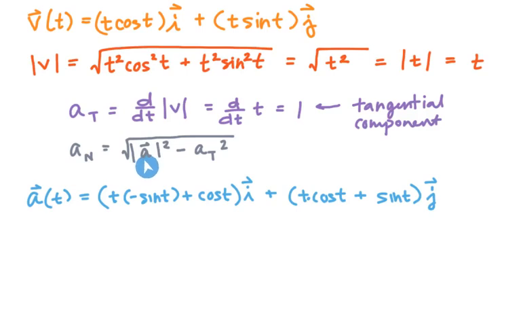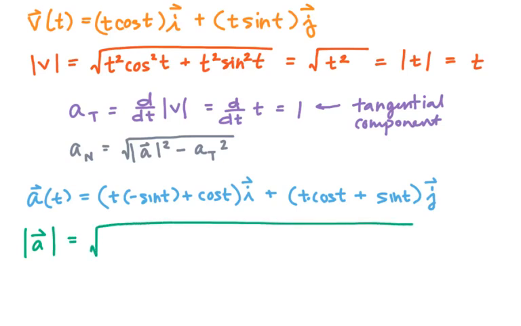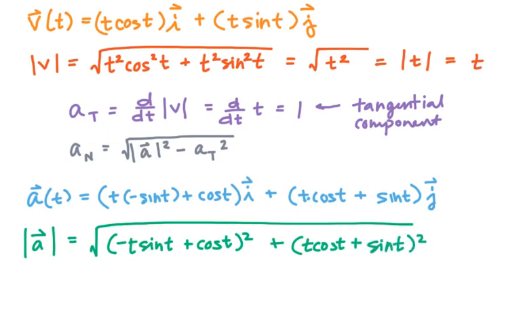By this definition for a sub n, I need the magnitude of this. So the magnitude of acceleration is the square root of negative t times sine t, so negative t sine t plus cosine t, squared, plus t cosine t plus sine t, squared.